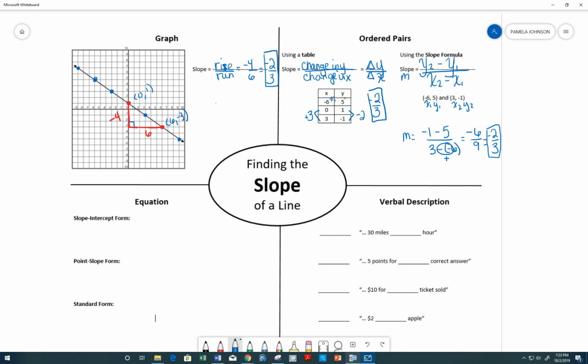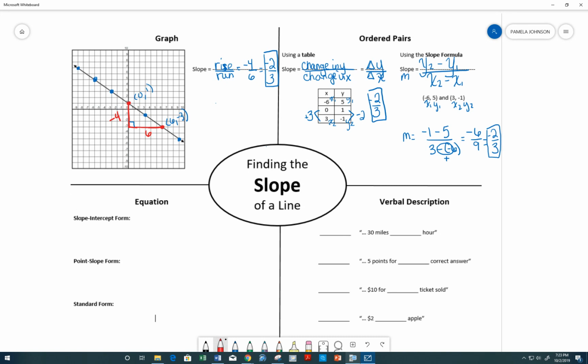Here's our x1, y1. And the 3, -1 is over here on this point, so x2, y2. Okay? So you can just put them in a table if that makes it easier for you to see the difference. And then you're not having to worry about, did you put all the negatives you were supposed to? Okay? All right, so let's talk about equations.